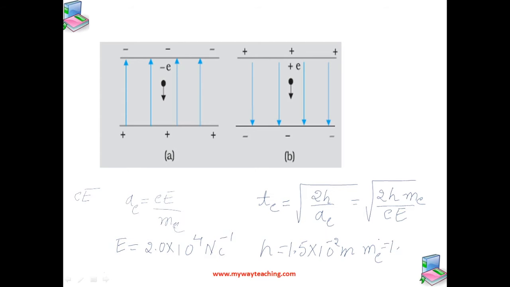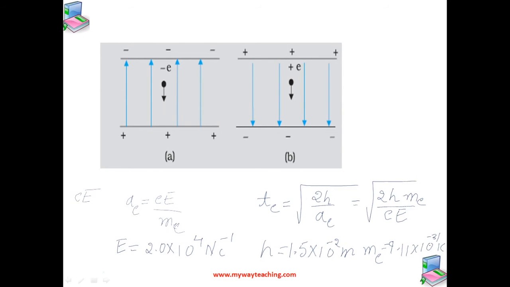mass of electron is 9.11 into 10 raised to minus 31 kg, isn't it? And the value of the charge e is also, we know that, 1.6 into 10 raised to minus 19 Coulomb.